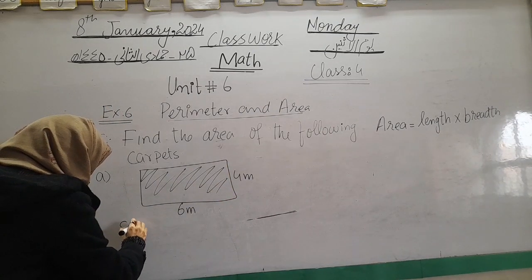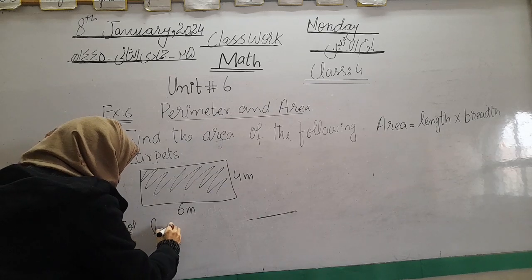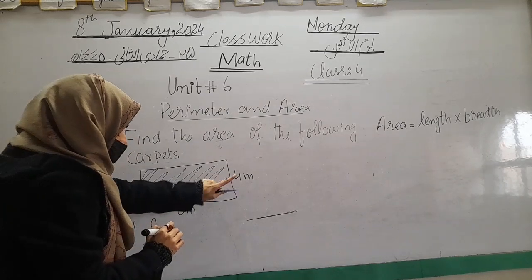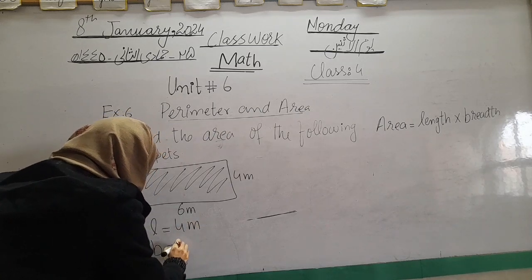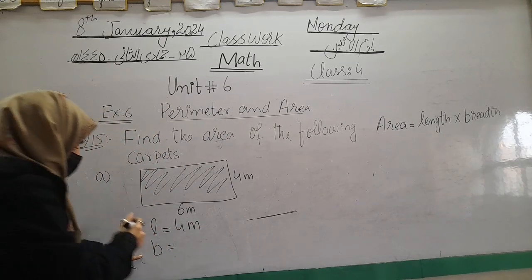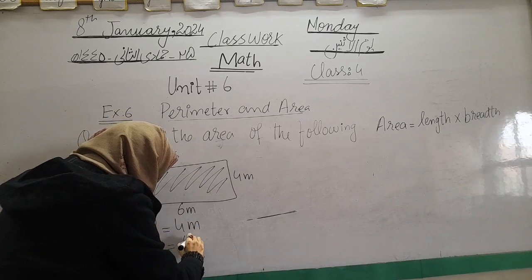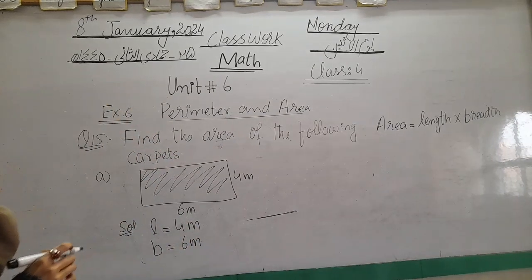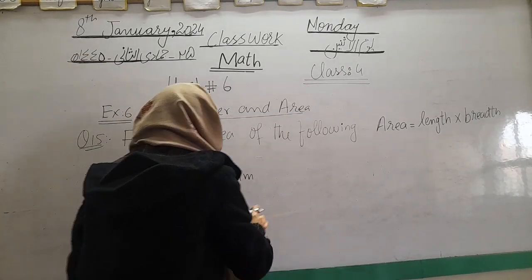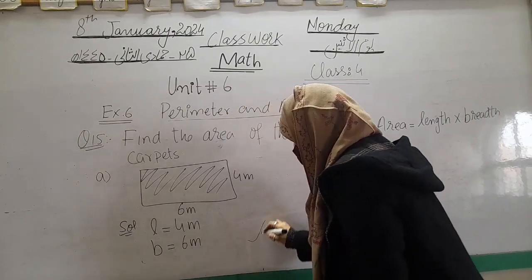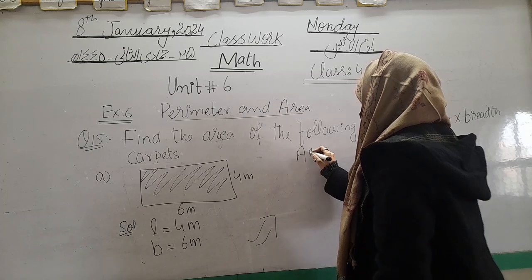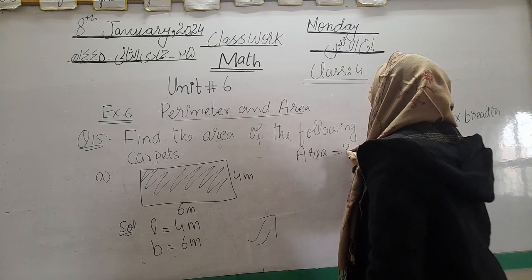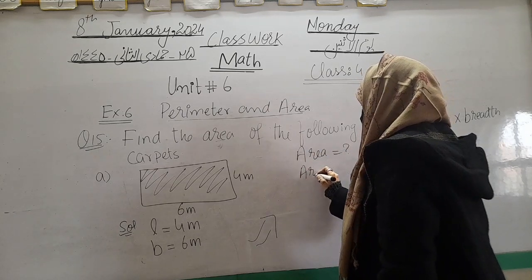So solution, length is equal to 4 meter and breadth is equal to, L stands for length and B stands for breadth, 6 meter. We have to find the area. And what is the formula of area?